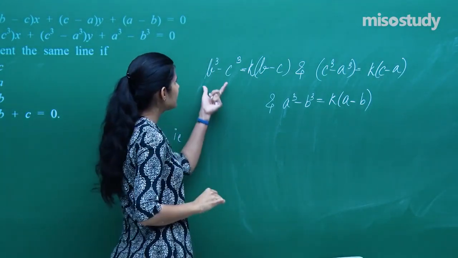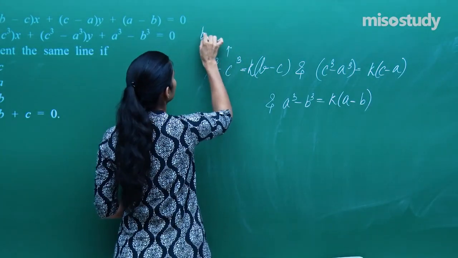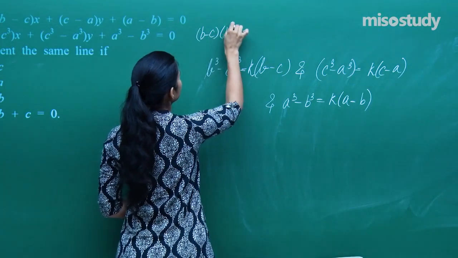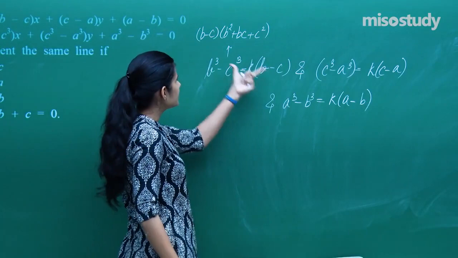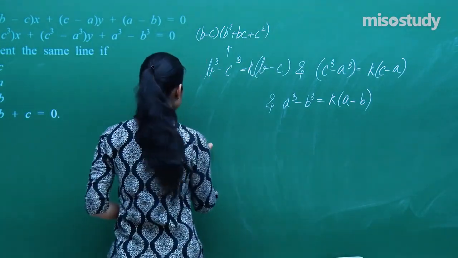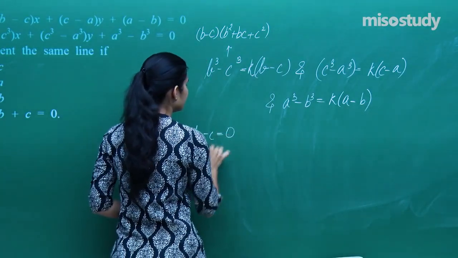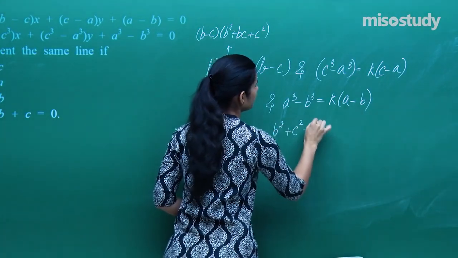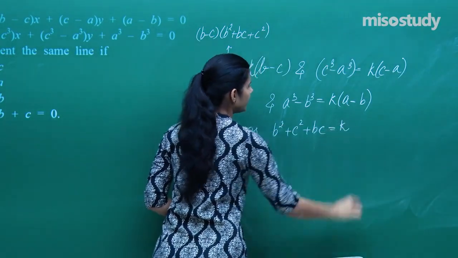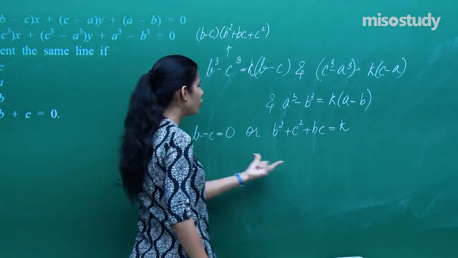Now b cube minus c cube is what? b minus c, b square plus bc plus c square. If this is equal to this, that means b minus c should be 0, or b square plus c square plus bc is equal to k. Either this should hold or this should hold.